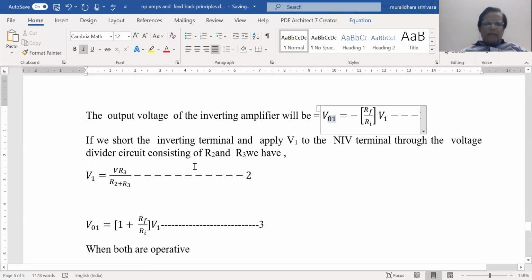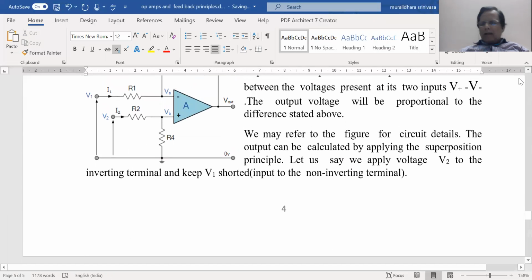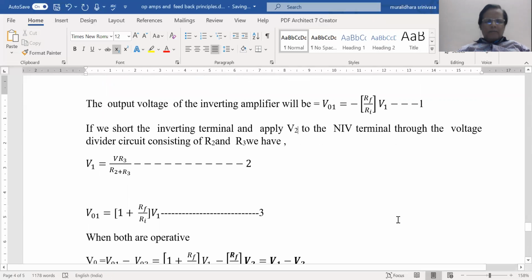Now if we short the inverting terminal and apply voltage to the non-inverting terminal, then what happens? It is R2 and R4, not R2 and R3, right? According to my diagram it is R2 and R4.